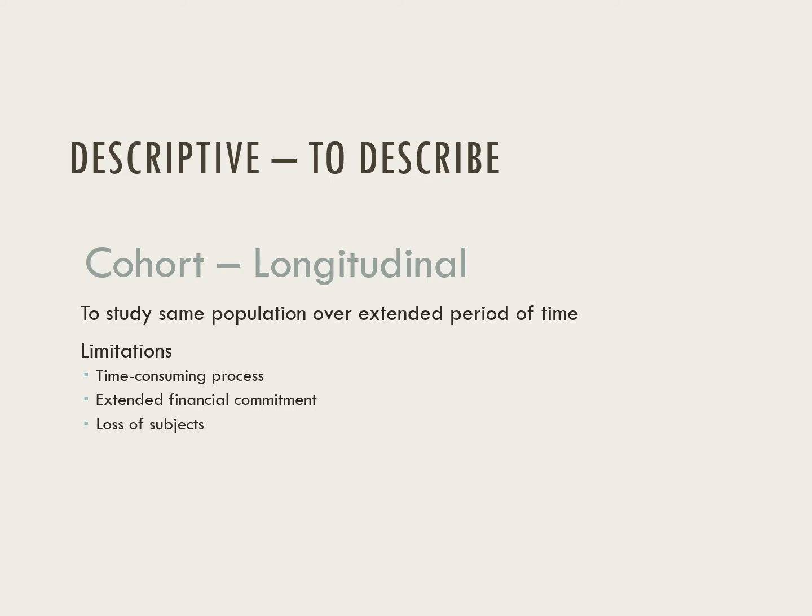We're continuing in descriptive, so next is the cohort study. This is a type of study that is also called a longitudinal. It means it happens over time. And in this case, a cohort study, depending on where you are in the study, it's considered prospective. So when you start, you look at this group of people and you say, okay, I'm going to follow them over this next certain amount of time.